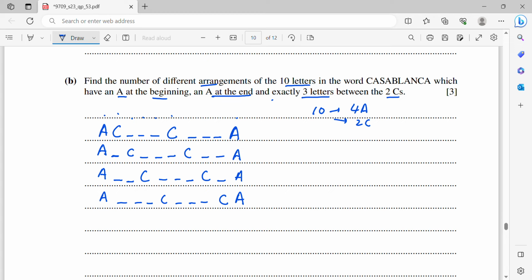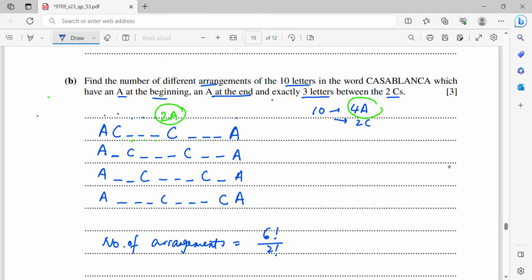So from here, don't forget you still have 2 A's for all, because we have 4 A's and 2 are at the beginning and end. For the first case, we have to arrange another 6 letters. Out of 6 letters, you have 2 A's. That means the number of arrangements will be 6 factorial, because you are arranging the 6 dashes, and out of the 6 dashes you have 2 A's, so over 2 factorial.